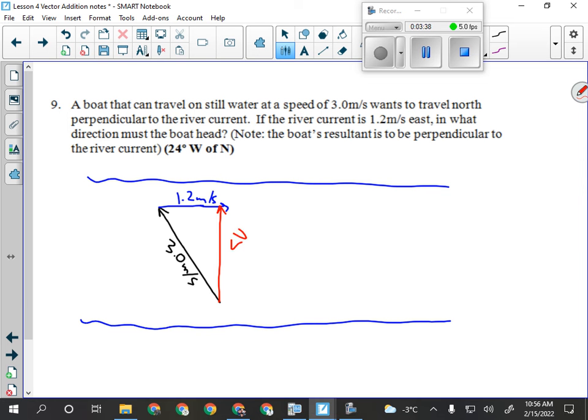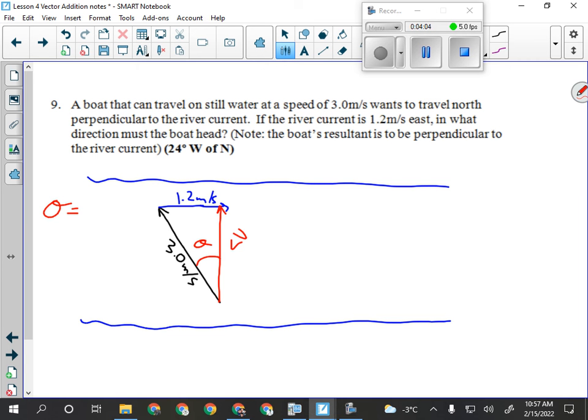All the question wants to know is, what is the heading? In other words, what angle are you rowing at from perpendicular to end up going perpendicular? Follow what the question's asking for and the strange wording. I know the hypotenuse and I know the opposite side. What trig function am I going to use to get theta? Sine.